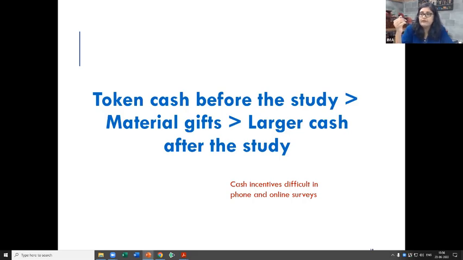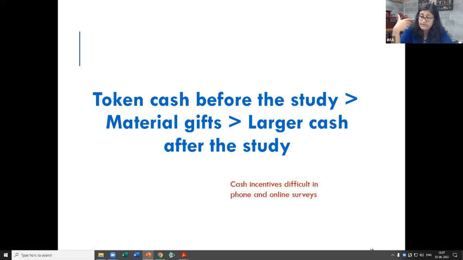So instead of giving 2 people 5,000 rupees each, it's more effective, if possible. If it is not, then you don't do that. But if possible, then you give 30, 40 rupees to everyone. That's enough to get 2 cups of tea. And that also shows that even before you've taken the survey, someone has given me a little bit of money.